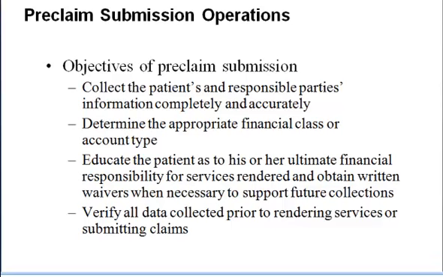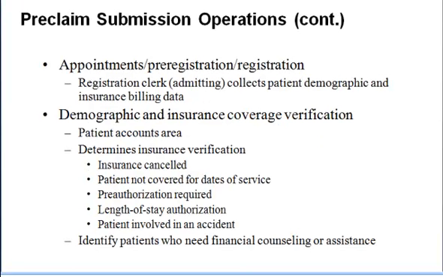Specifically, this portion of the revenue cycle is responsible for collecting the patient's and the responsible party's information completely and accurately, determining the appropriate financial class, educating the patient on their financial responsibility for the services that are rendered, collecting waivers when that's appropriate, and verifying data prior to the procedures being performed and submitted for payment.